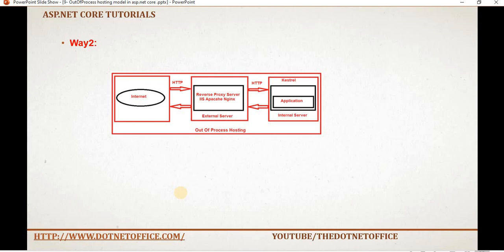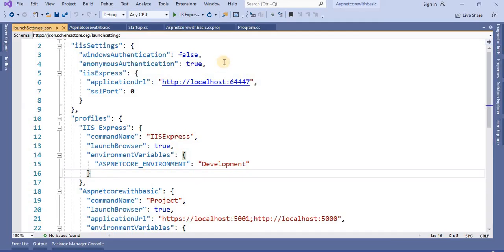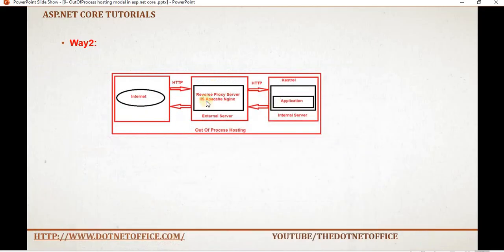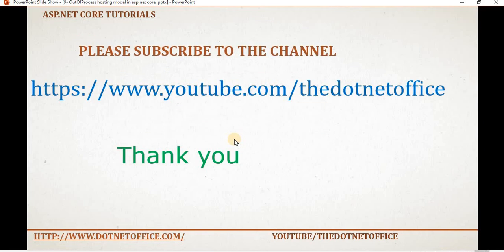So as of now we have seen two ways for out of process: in way 1 we use only the Kestrel server, and in way 2 we use the Kestrel server with a reverse proxy server with a different external server such as IIS and Apache. In the coming tutorial we will deploy this application on the IIS server and see how the Kestrel server works with the reverse proxy server.